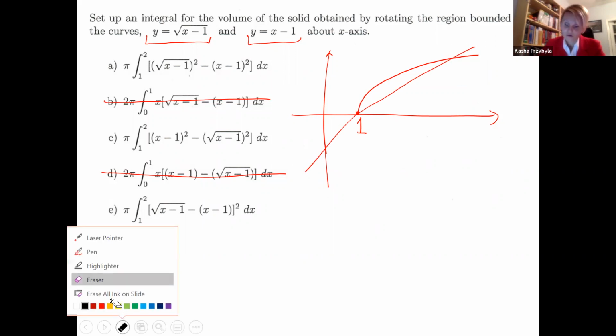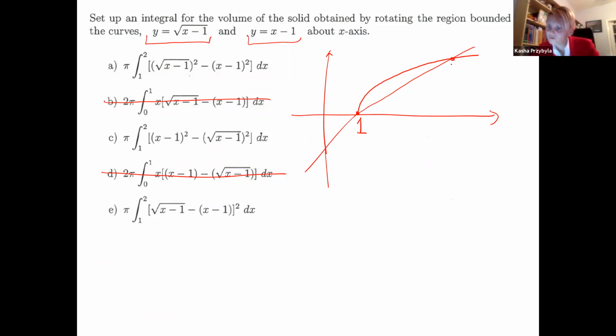Okay, we do have a point of intersection. We have to find that point. This is square root of x minus 1, and this one is the line x minus 1.